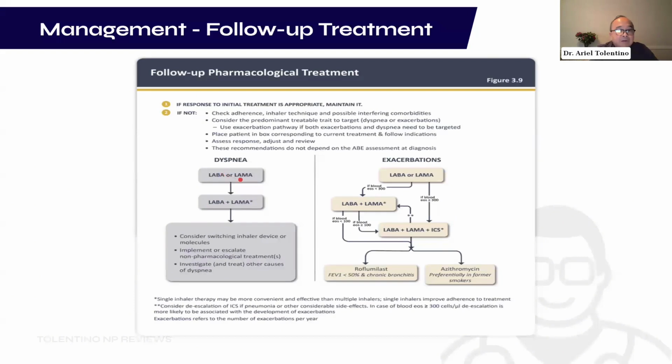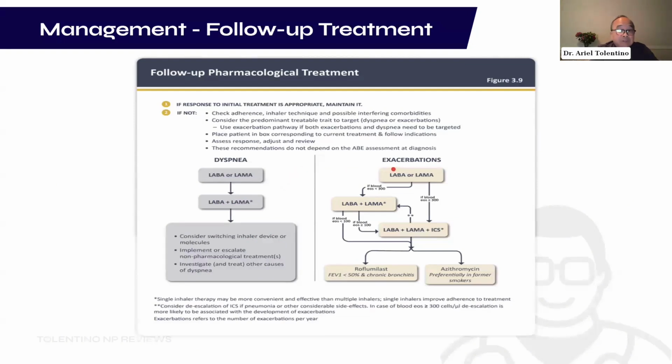Now, monotherapy for LAMA, a long-acting muscarinic antagonist like tiotropium, and the response isn't so good, the patient is still having dyspnea, so you just have to add a LABA, your long-acting beta agonist, like formoterol or salmeterol. You also have the option to consider switching inhaler devices or switching the different types of pharmacological regimen to achieve your optimal improvement. Okay.